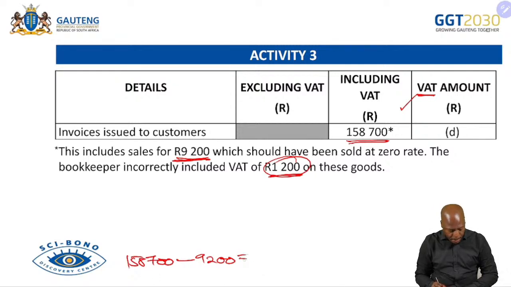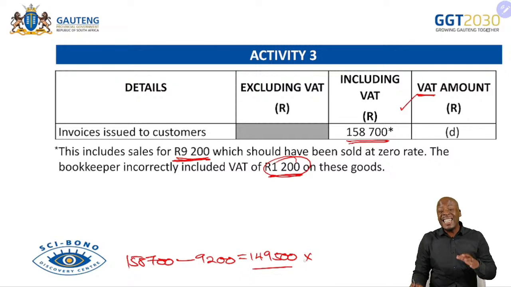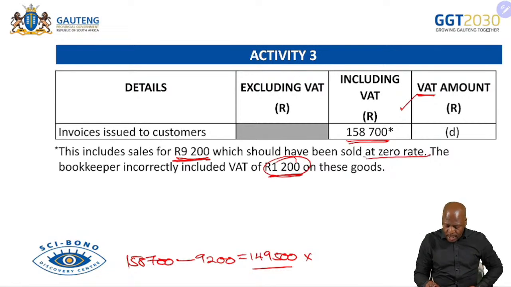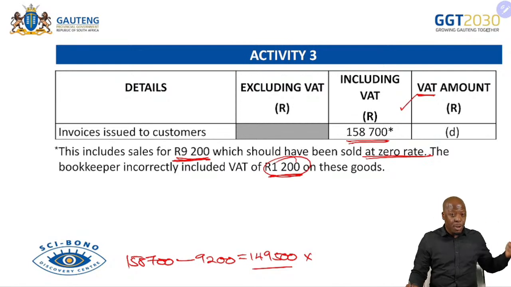And then I'm now going to end up with 149.5. This is the amount inclusive of VAT, but it excludes the zero rated items. I have taken out the zero rated items. Now I only have the standard rated items.